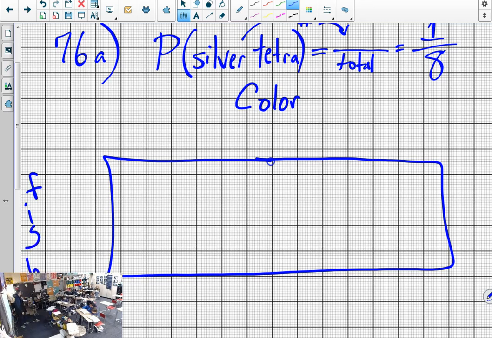Now I'm going to make your life easy. We're not writing words. Yellow, orange, blue, silver. What is my fish split? Tetras or guppies, right? T or G?